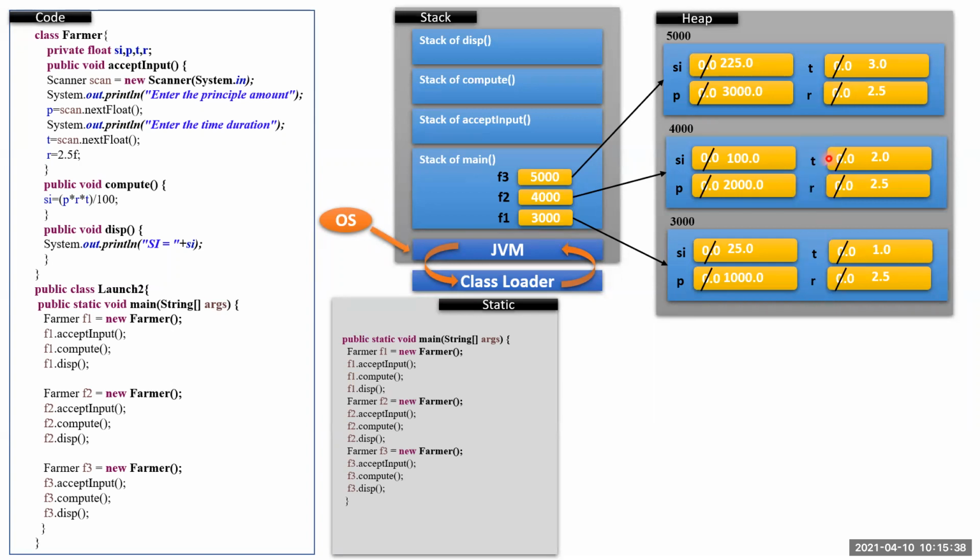Here, how many bytes has it consumed in the complete memory? 12 bytes. Will you agree? But if you would have created one single R variable and it would have been shared with multiple farmers, only 4 bytes of memory would have been utilized and everyone would have used the same thing. But because you didn't take that approach, you took this approach. What is happening for each farmer? 4 bytes of memory is getting wasted.